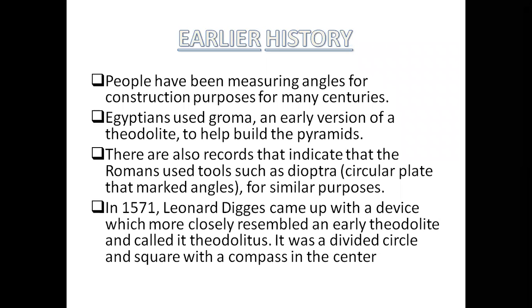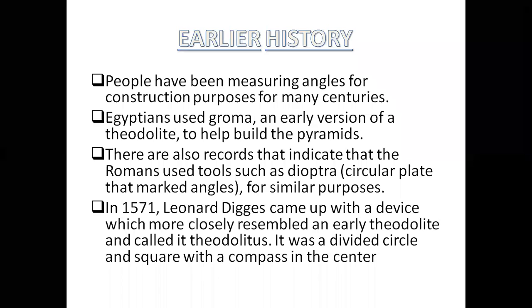In ancient days, how the Egyptians used the instrument. It was not called a theodolite, but in those days they were calling those simple instruments by local names. They were using strings or whatever things they had available for building the pyramids.